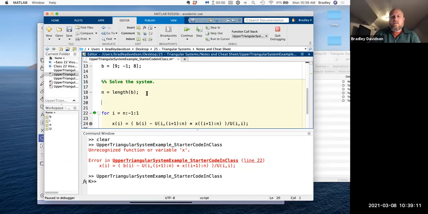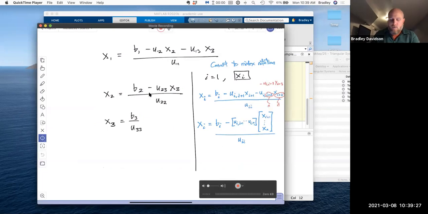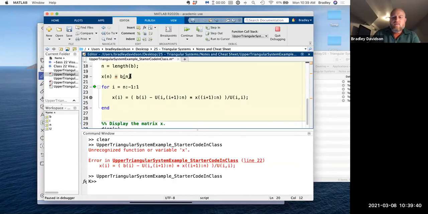Let's initiate this by saying I'm going to solve for my xn term, and then I want to use my bn term, just like we have here. So when n is equal to 3, this would be n. So bn divided by un.